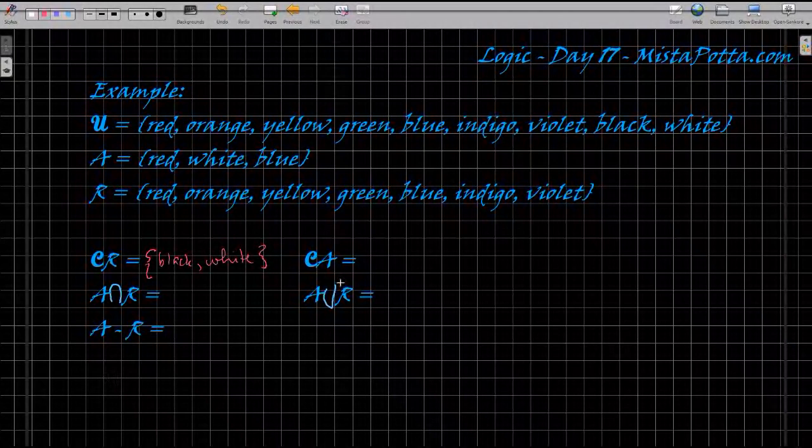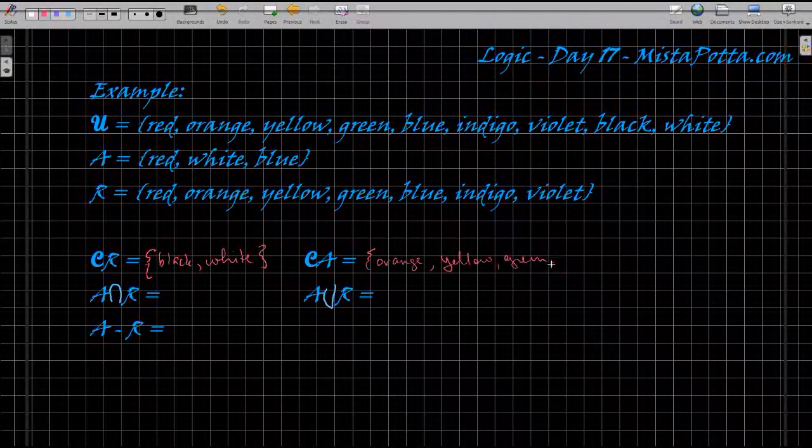And similarly, if I try and do the complement of A, I want everything that's not in A. So orange would work. So would yellow. So would green. Blue shows up, so I can't include it.